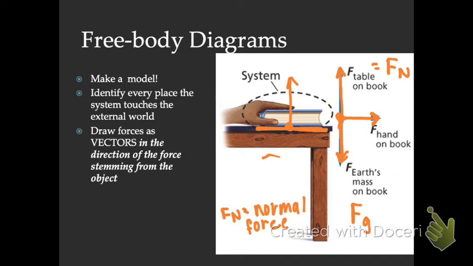Now, in this system, is my book moving vertically at all? No, it's at rest vertically, which has to mean that those two forces are equal. This system vertically is at rest. Do we feel okay about that? So my net vertical force here would be 0.